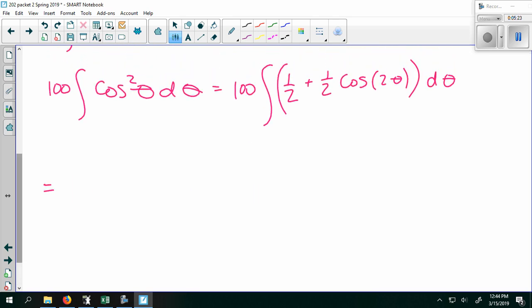Okay, so this becomes 100 times, okay, so the antiderivative of 1/2 is theta. And then the antiderivative of cosine is sine. But because of the chain rule, it would be sine 2 theta times 2, but I have a 1/2 there.